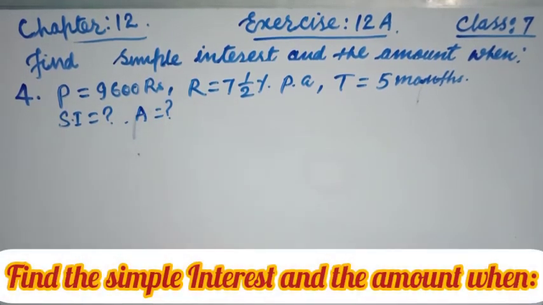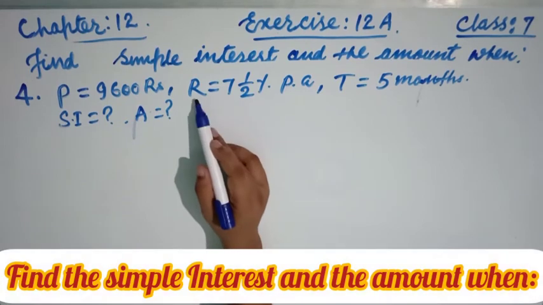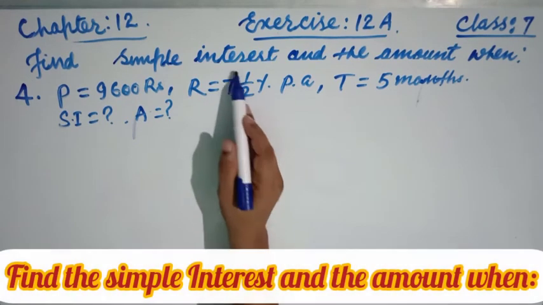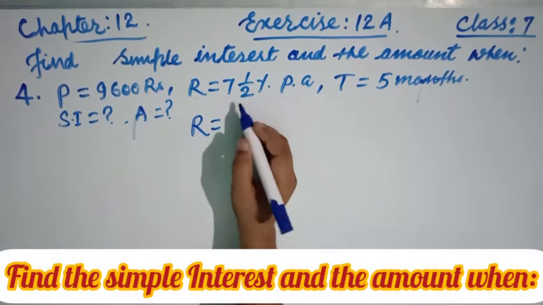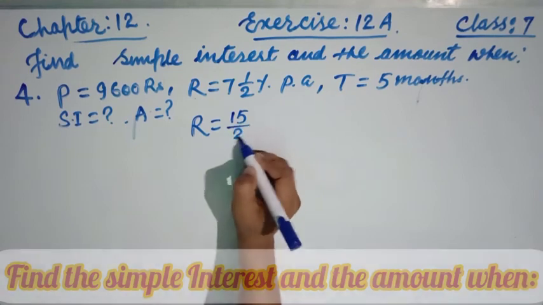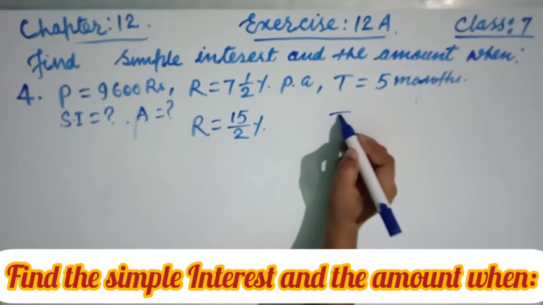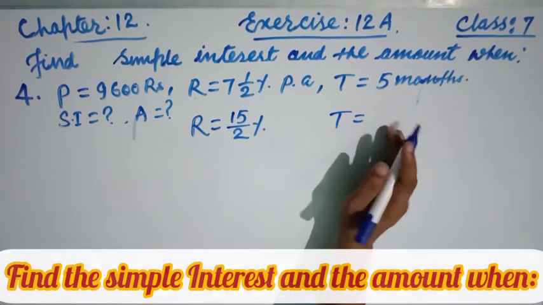So here friends, we also apply the same formula, but here R is 7 and 1/4, that's in mixed fraction. First we have to change this R in terms of improper fraction: 7 times 4 plus 1 is 15, so 15/4 percent. Now here time is given in months, we have to change the time in years.